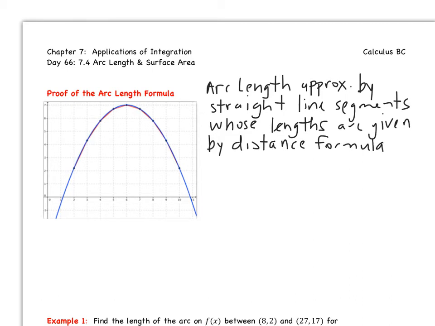Now, this arc length formula, since we're going to be adding up all of these distances, is a special case of this distance formula. And like I said, we will go through the derivation of this formula tomorrow. There are some conditions, however, in order to find an arc length of some curve.